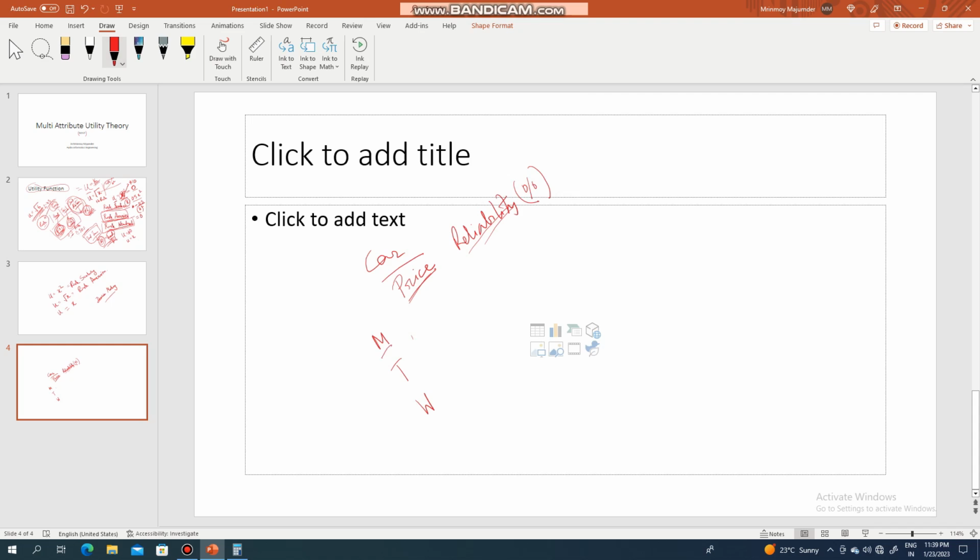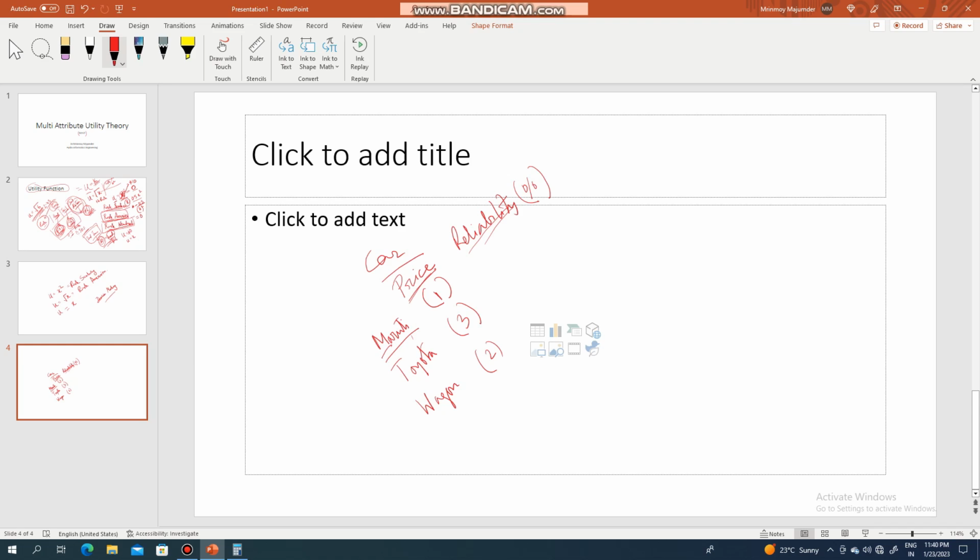Let this be Maruti, this is Toyota, and this is Wagoner. In case of price, Maruti has the lowest price, and a purchaser will always go for the lowest price. So this becomes the top option, followed by Wagoner, and lastly Toyota. Toyota is the most expensive among these three.